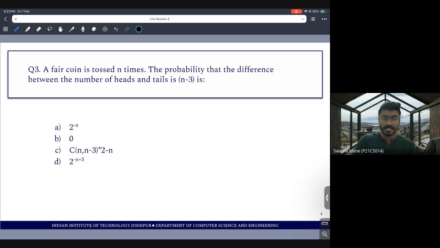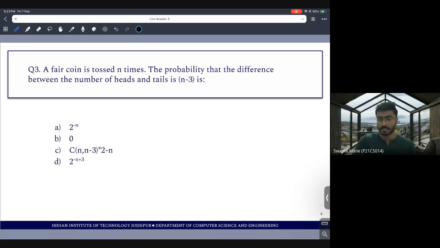A fair coin is tossed n times. What is the probability that the difference between the number of heads and number of tails is n minus 3? There are four options given.